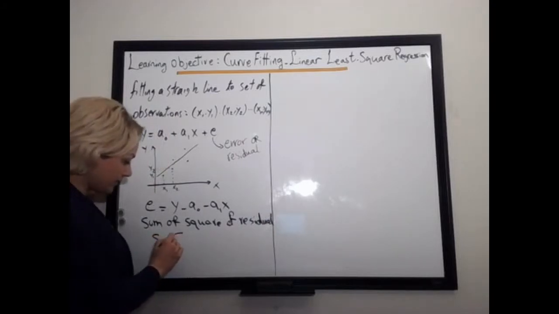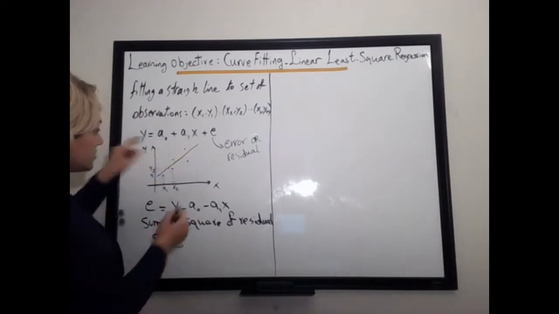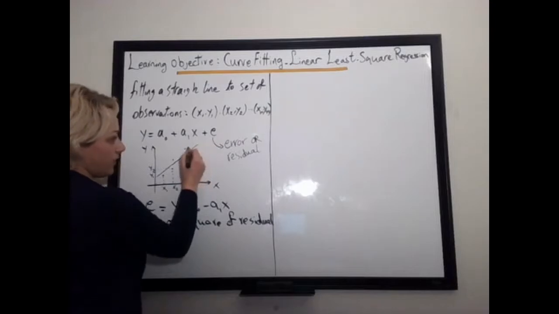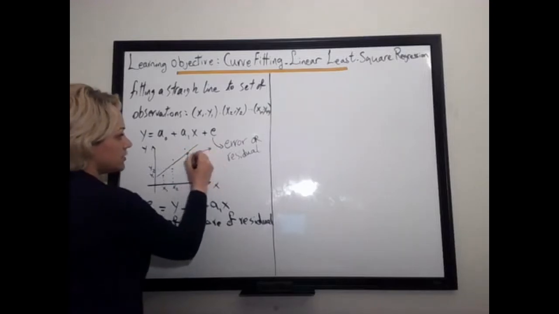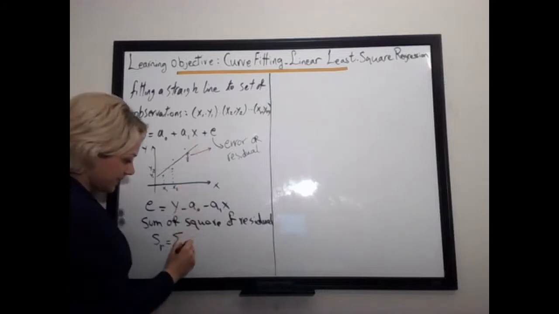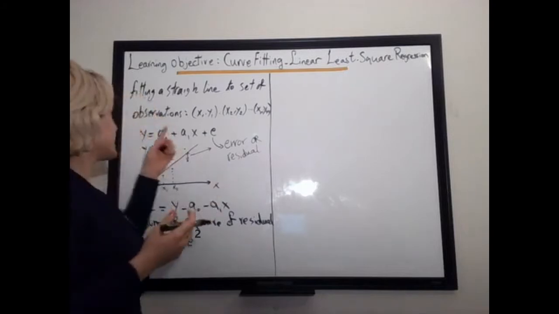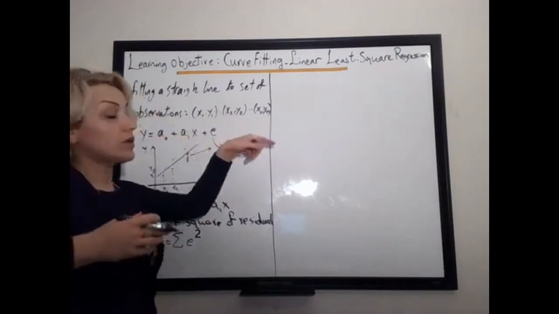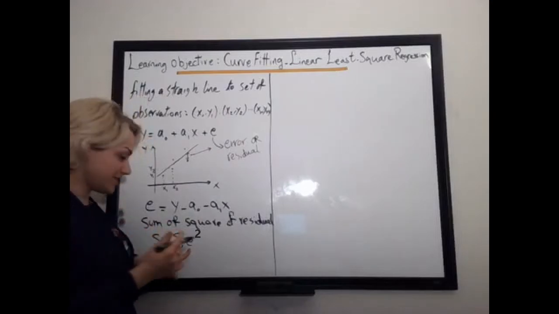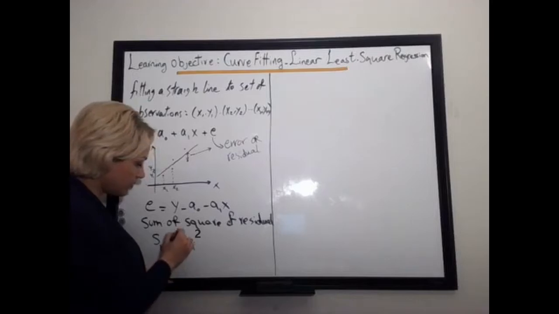and then I would have the sum of the square of this residual. This distance from the line, we said, is the residual. So it's going to be sigma of all of these e that I have, and I have a set of data x1, y1, x2, y2, up to xn, yn. It means that I would have n residuals as well. So it's going to be sigma ei, i equal to 1 to n.